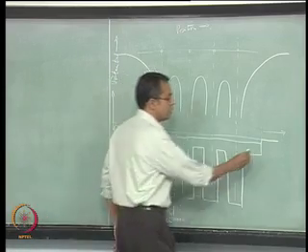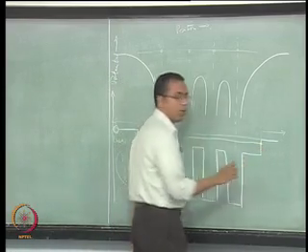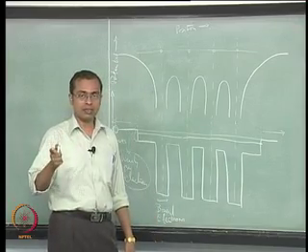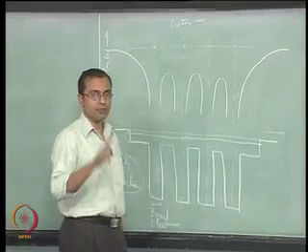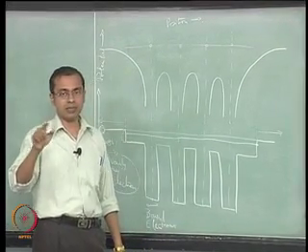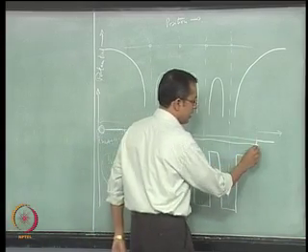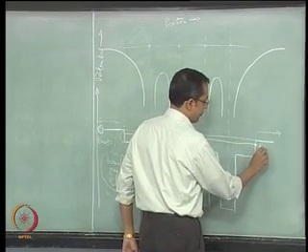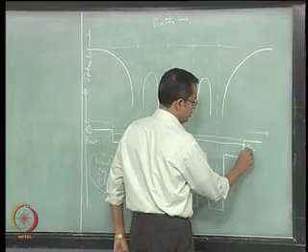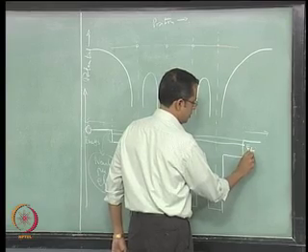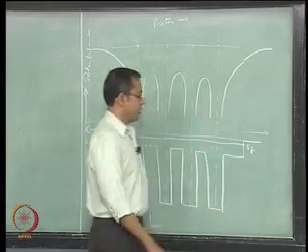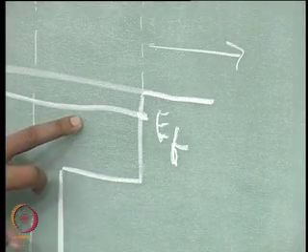So therefore this energy value is now what we described in our previous calculation as the Fermi energy level, which we listed as E subscript F. So this position here is E subscript F. So this is the Fermi energy, okay.